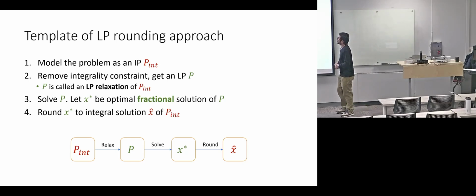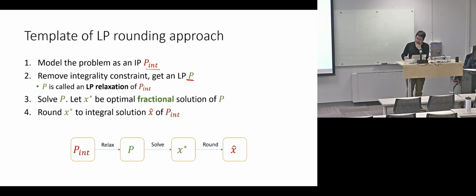To approach any problem, you first model the problem as an IP, and then remove the integrality constraint from that IP and you get an LP. I denote the IP by P_int, and after removing the integrality constraint, I call it P. P is called the LP relaxation of the IP.